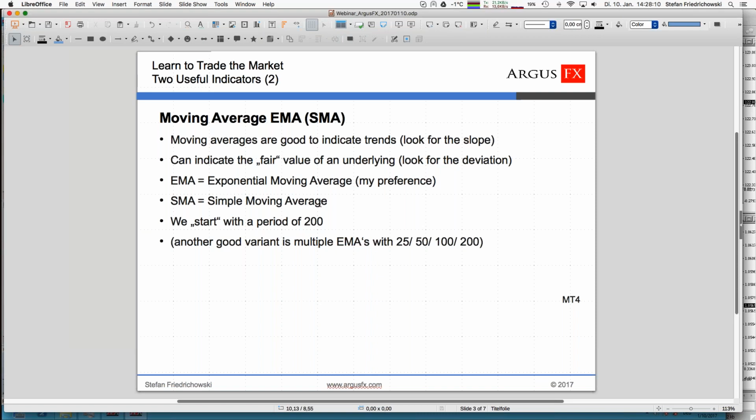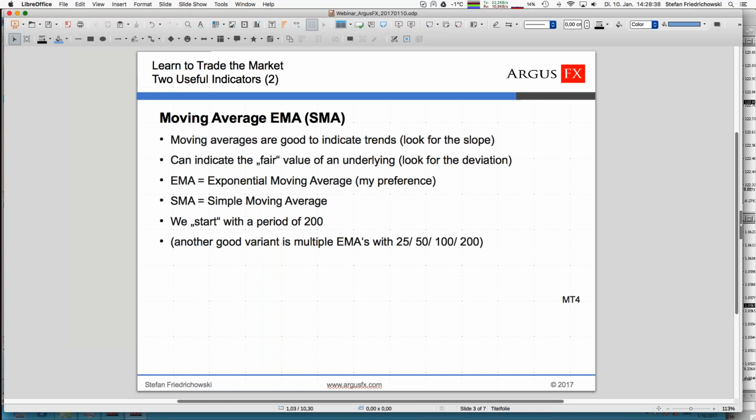That would be something we will finally use for a trading setup. And that trading setup, by the way, is called a mean reversion strategy, which means the price tends to go back to the fair value. But that is a little bit more advanced topic, and will be within this webinar series as well.